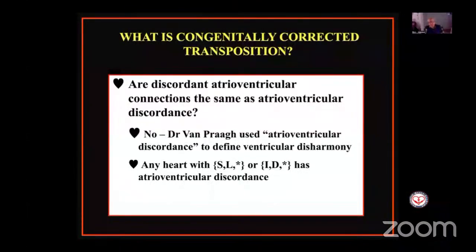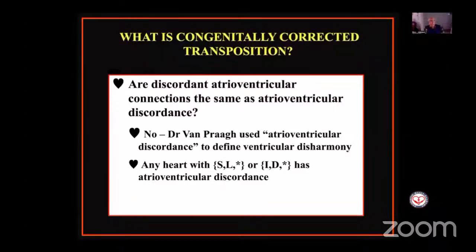You'll all know that in the typical arrangement with situs solitus, we have right-handed ventricular looping or D-looping. And with situs inversus, as described by Dr. van Praagh, we have right-handed ventricular topology. We usually have left-handed ventricular topology or L-looping.